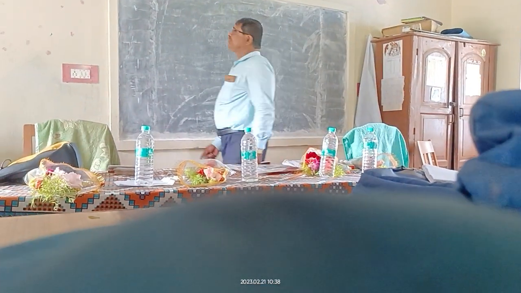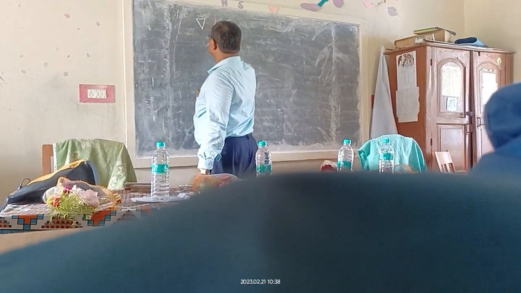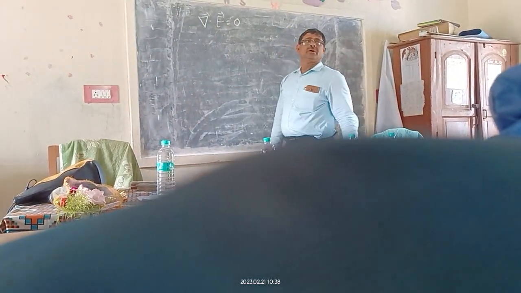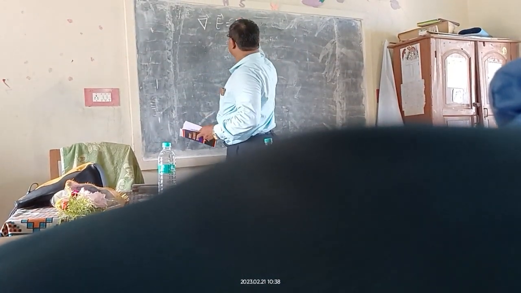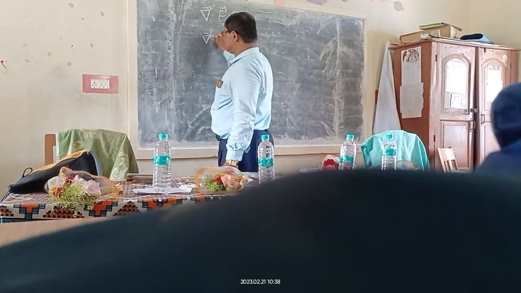Maxwell's equations in free space. That is del dot E is equal to rho by epsilon 0, and del dot B is 0.